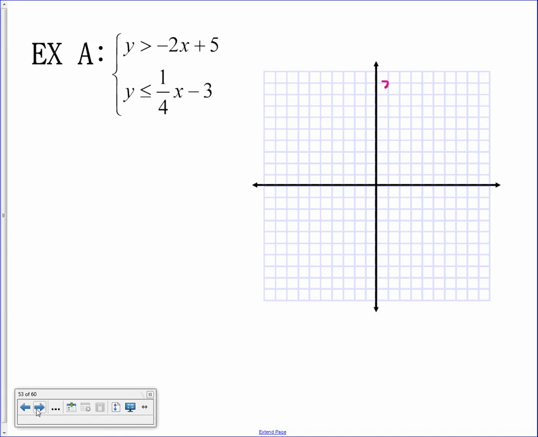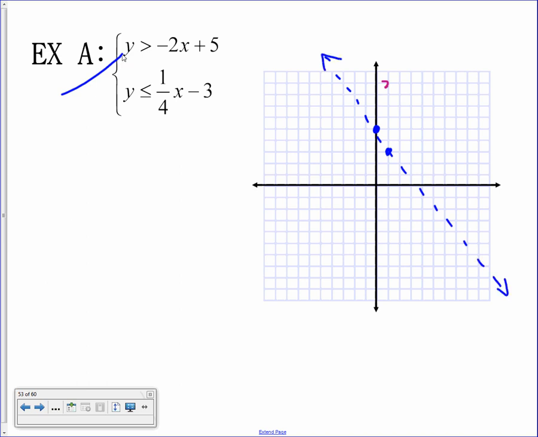So if we take a look at example A, the first thing I'm going to do is graph the first line just like I would yesterday. That is already in slope-intercept form. So I'm going to start up at 5, put my ordered pair. It has a slope of -2, so I'm going to go down 2 and over 1. It is a greater than sign, so that is going to leave me with a dashed line.